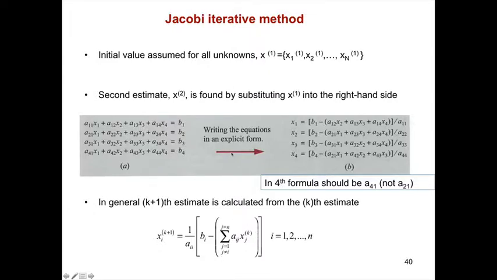This sum has every element of the ith row of A multiplying vector x except for that ith term, because the ith term I isolated. So basically this is a sum from j equals 1 to n of a_ij x_j, except for j equal to i, because that's what was on the left-hand side.